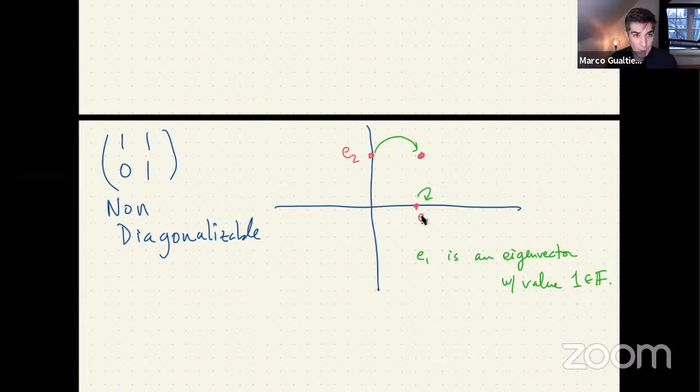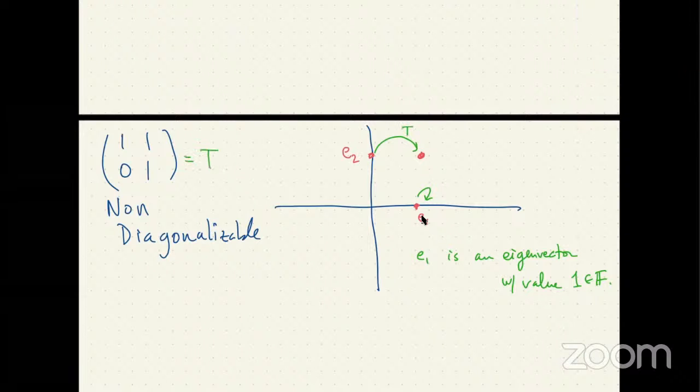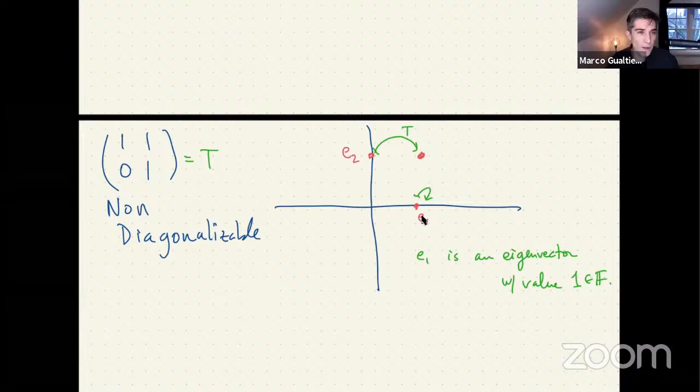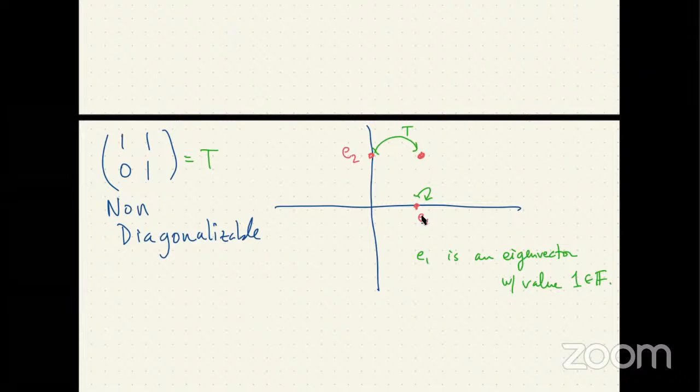Can we find another vector which is sent to itself? The zero vector? Yes, but the zero vector is always sent to itself. That's not an eigenvector.